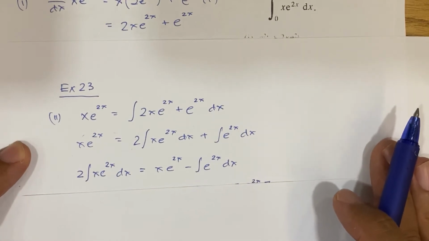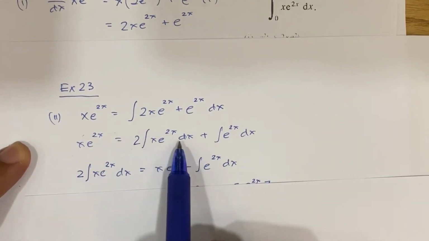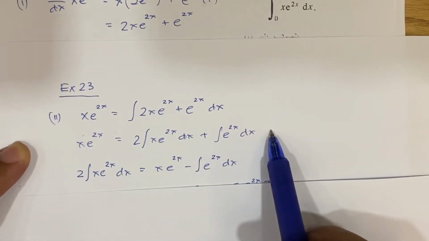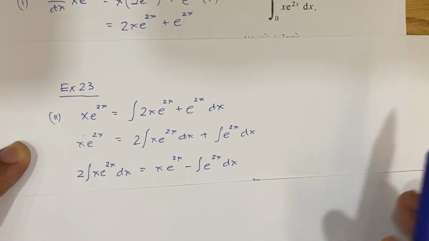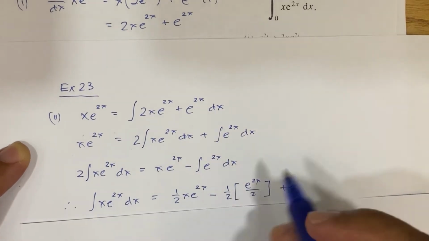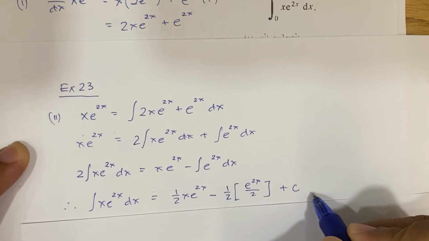Of course, this is 2. Please take note, this is just a manipulation of this. I just rearrange. Then please take note, there's a plus c here. Whenever you do this, remember there's a plus c.